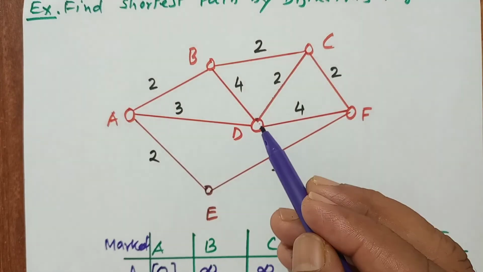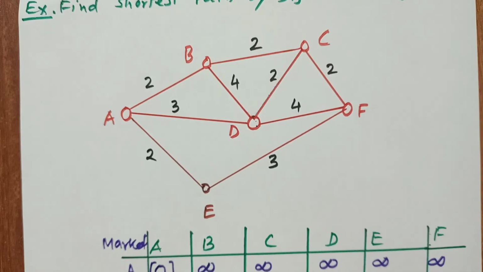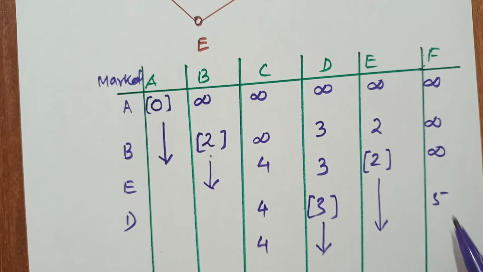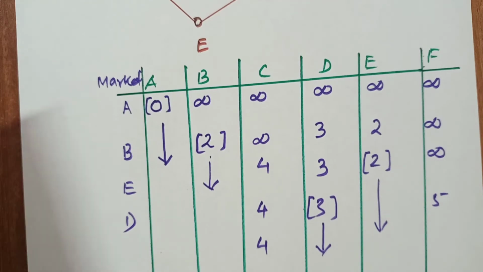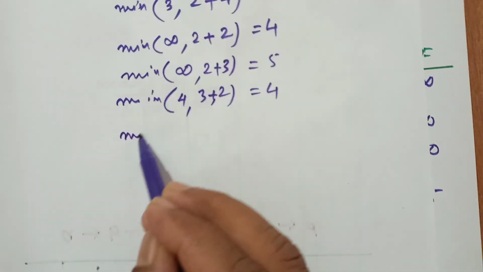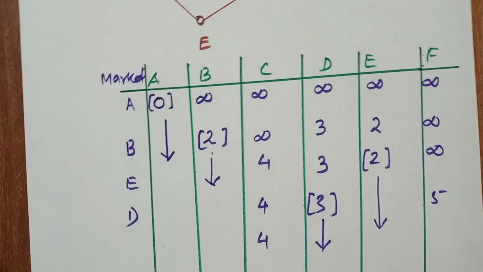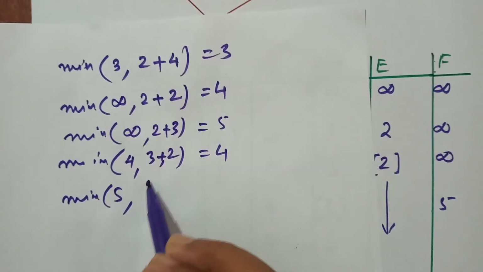Now from D to F. What is the old value of F? You see here 5. So 5 is the old value. So this is the minimum of 5, comma, the marked value. What is the marked value? 3. What is the weight?